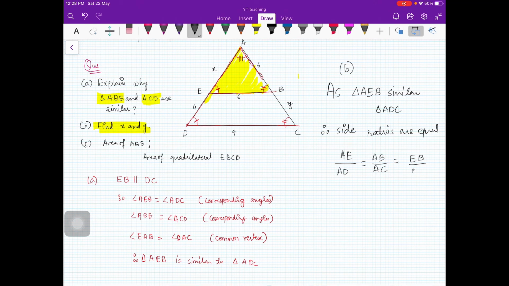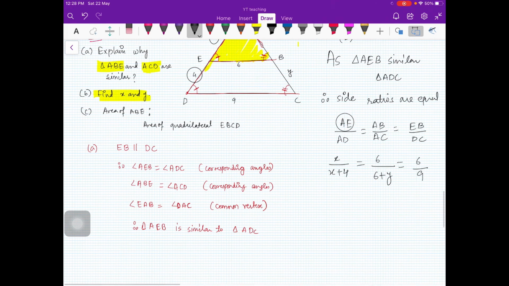It is equal to EB upon DC. Now, what is AE? AE is x. What is AD? AD is x plus 4. You see x here, 4 here. What is AB? AB is 6. What is AC? AC is 6 plus y. Okay. So, this is equal to EB. EB is 6 and what is DC? It is 9. Right. So, from here you have two equations. You just find out the values of x and y.